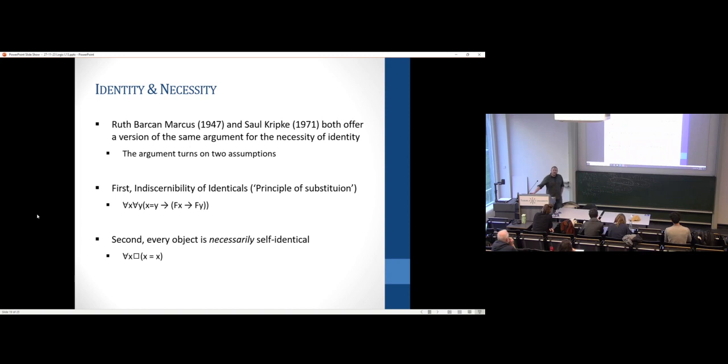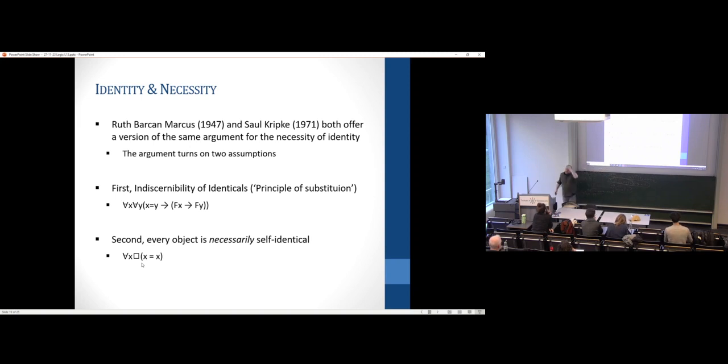And the second assumption is that every object is necessarily self-identical. That is, it's a necessary truth that everything is identical to itself. Note that this doesn't talk about any particular individual. This just seems true, right? Everything is what it is and nothing else.